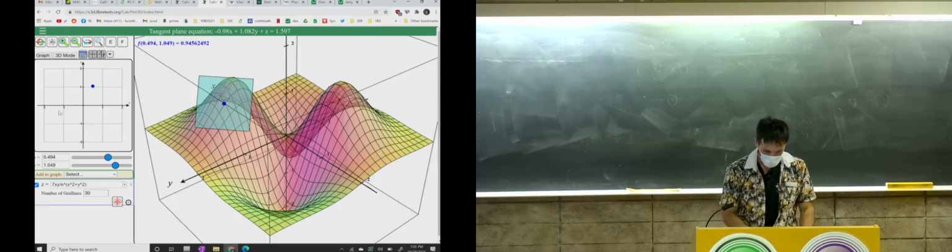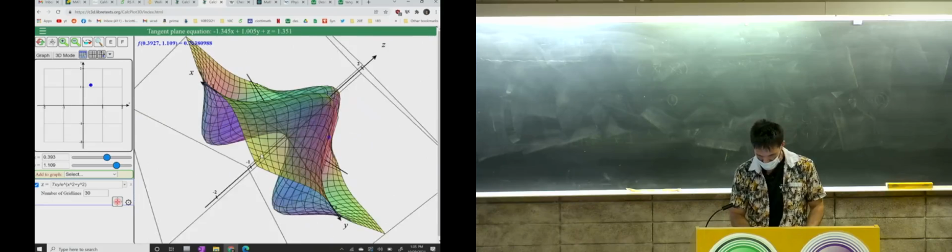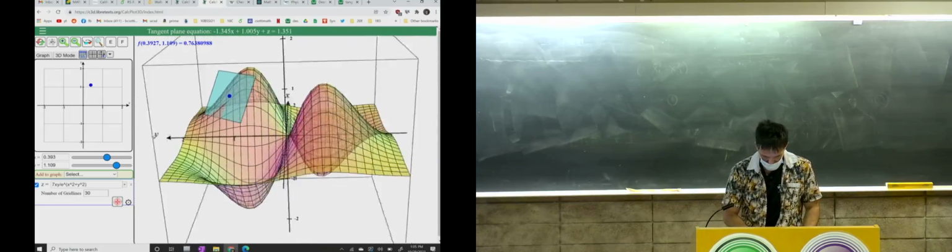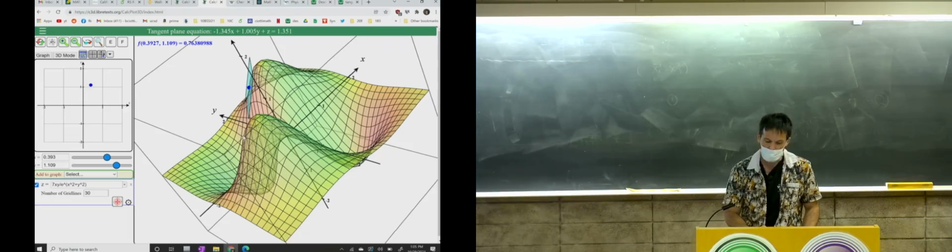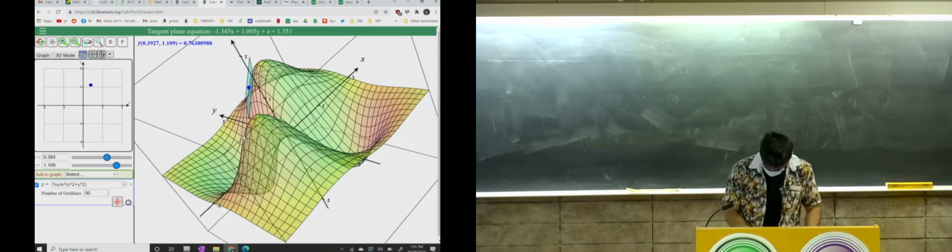It doesn't even matter what function it is. I just wanted to show you what the tangent plane to the graph looks like at various points. And it's supposed to just barely touch the graph at the point of tangency.